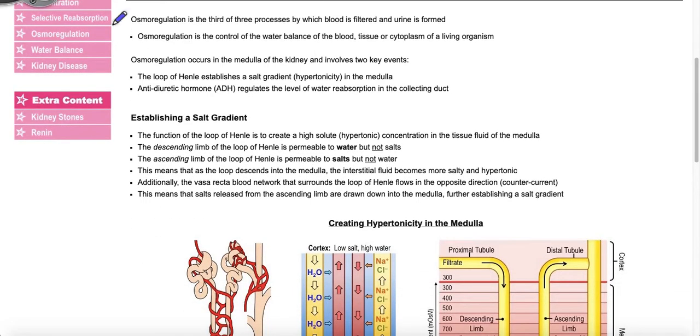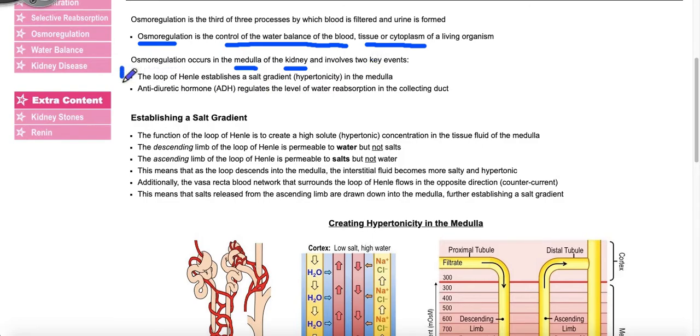So we know that osmoregulation controls the water balance of the blood, tissue, or cytoplasm in a living organism. It happens in the medulla of the kidney, and remember that this is the inner portion of the kidney, and it involves two events.